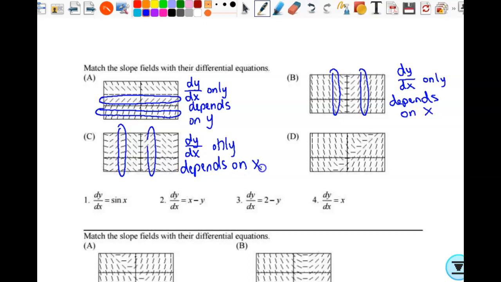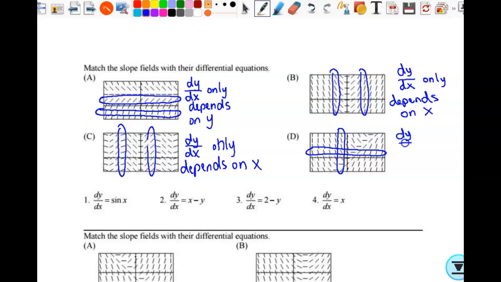Now what about D? Because if I look at a horizontal line, I see many different slopes, right? If I pick a vertical line, I see many different slopes.